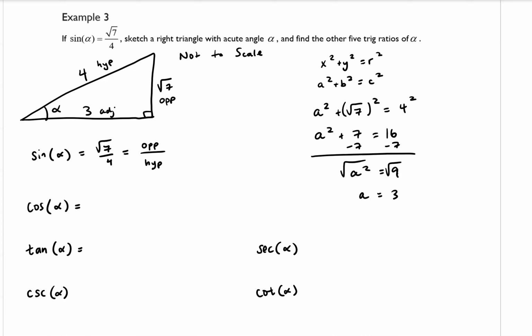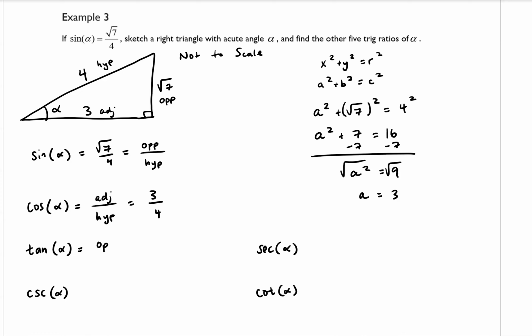Okay, so cosine, if we use our mnemonic device, it's CAH, so cosine is adjacent over hypotenuse, which is equal to 3 over 4.